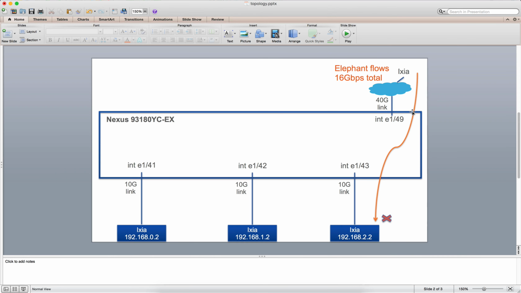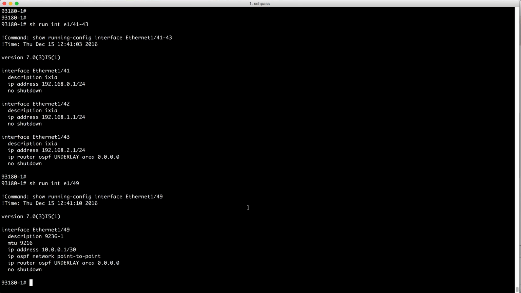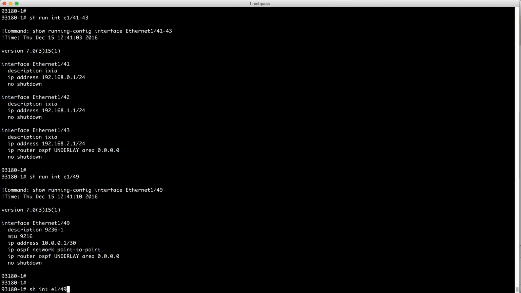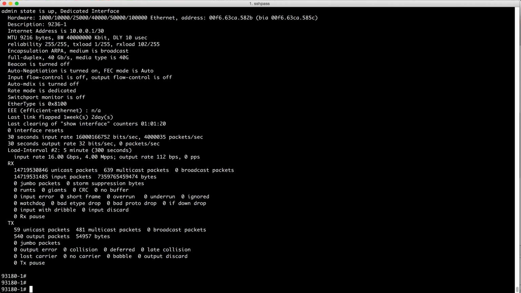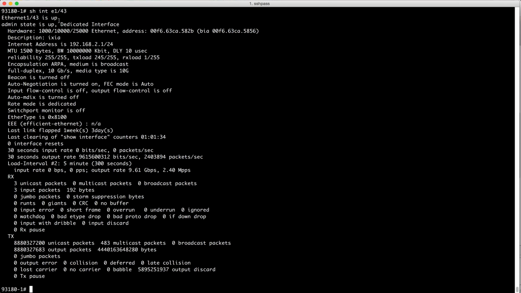We're going to send long-lived flows, just 2 of them, for a total of 16 gig. Those are going to be our elephant flows for the demo. If you look at the uplink, we see the input rate is indeed 16 gig. But of course, those elephant flows will be dropped because there's not enough capacity on the downlink to handle them.